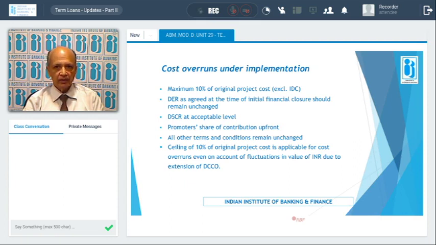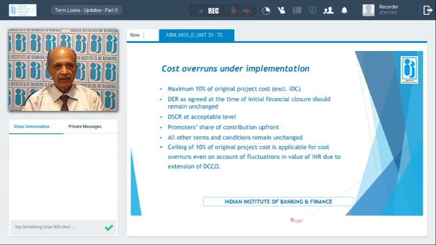That is, the ceiling of 10% of the original project cost is applicable for cost overruns, even on account of fluctuations in the value of the Indian rupee due to extension of the date of commencement of commercial operations. These are the conditions to be fulfilled for financing the cost overruns.